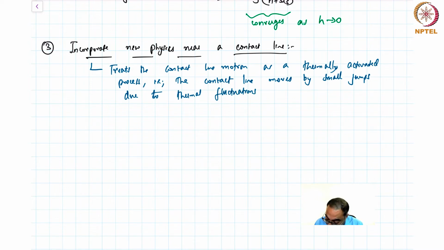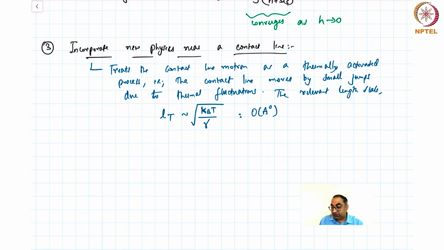And the relevant length scale of these jumps is, let's call it LT, because it depends on the local temperature. This would be the thermal energy, kBT, divided by the surface tension. And this quantity is of the order of angstroms. So in other words, there are very, very tiny fluctuations that occur.